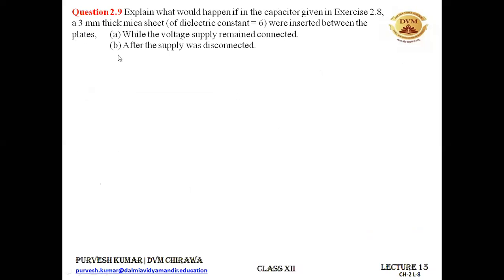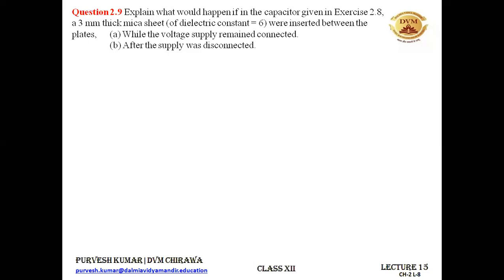And we are inserting this dielectric slab with two conditions. First condition is that the battery remains connected to the capacitor, and the second condition is that we have first charged the capacitor with the battery of 100 volts, as we did in exercise 2.8, and then we have removed the battery and then inserted the dielectric slab.